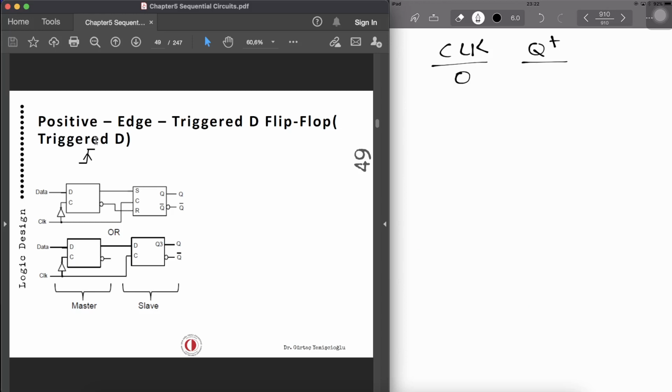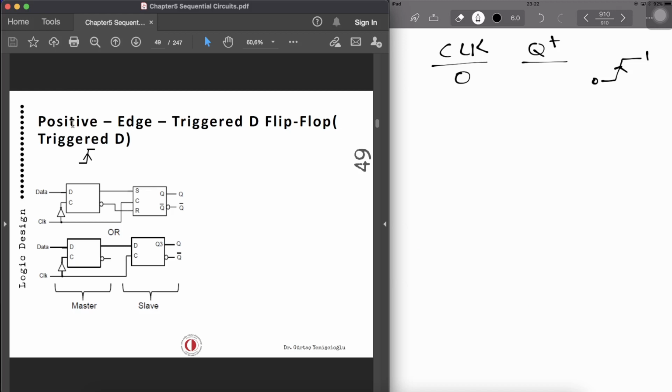If it is rising edge triggered, going from low to high, 0 to 1, we call it rising edge triggered or positive edge triggered. They are both accepted. On the lecture notes, it's written as positive edge. You can use rising edge as it rises from 0 to 1.